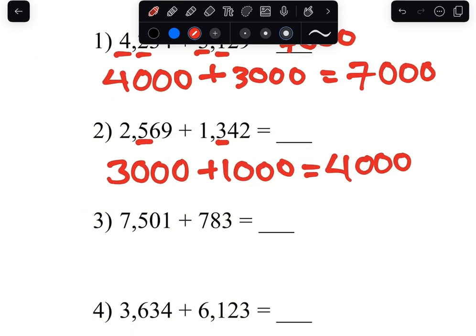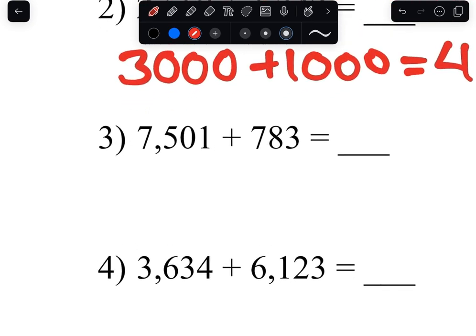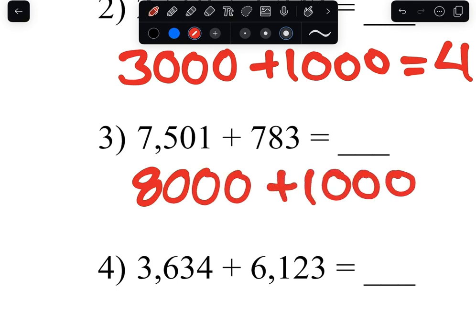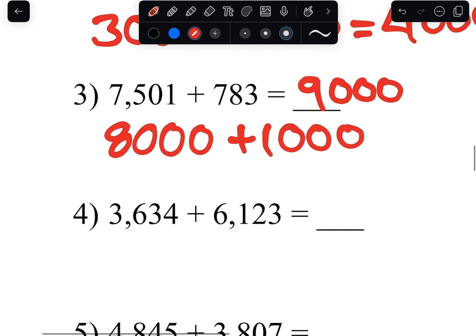So the answer for number 2 is 4,000. Number 3, 7,501 plus 783. 7,501 rounds up to 8,000. And 783 rounds to 1,000. So 8,000 plus 1,000 is 9,000.